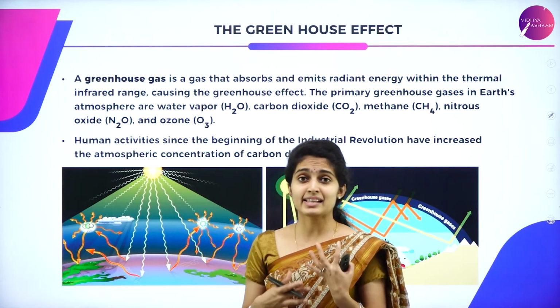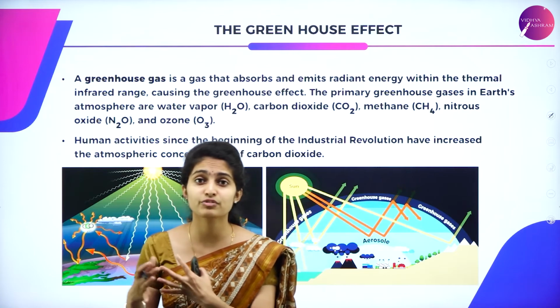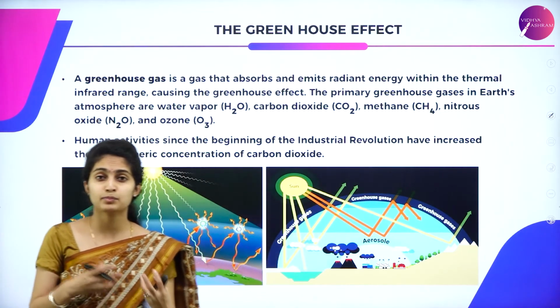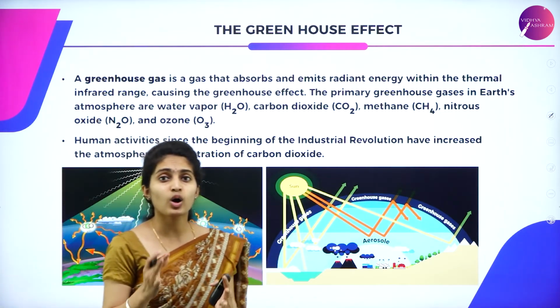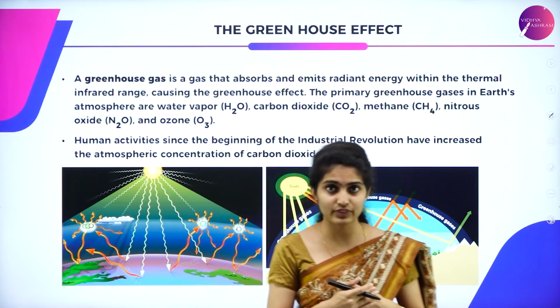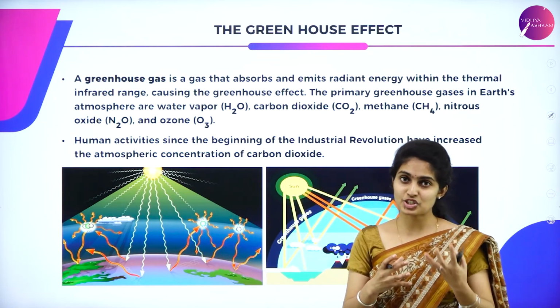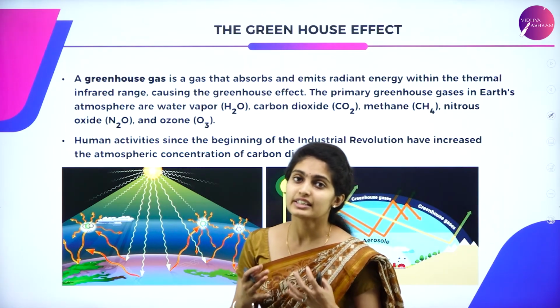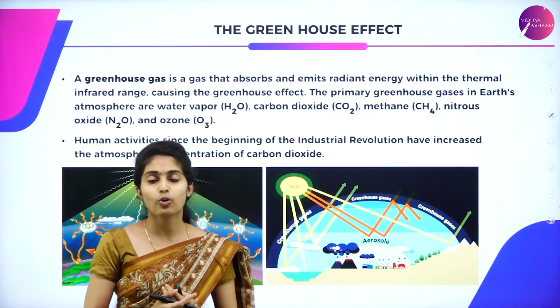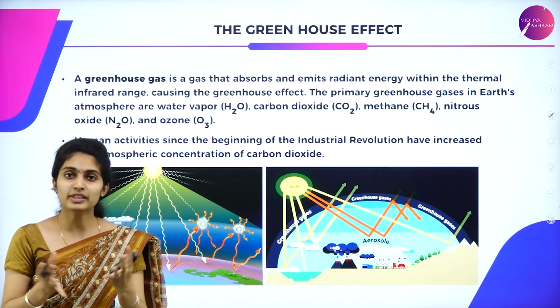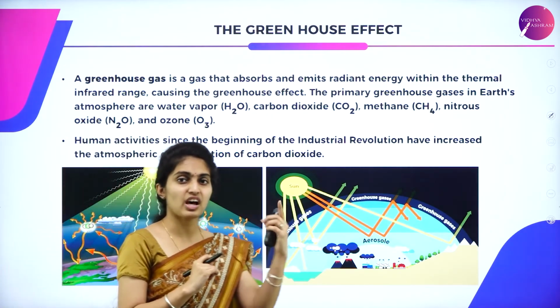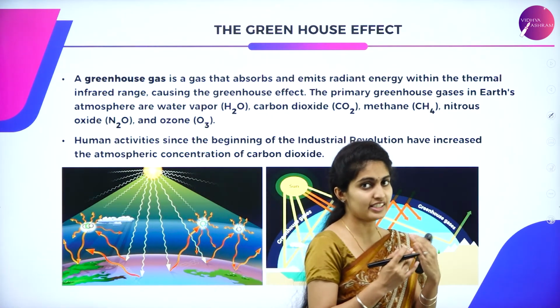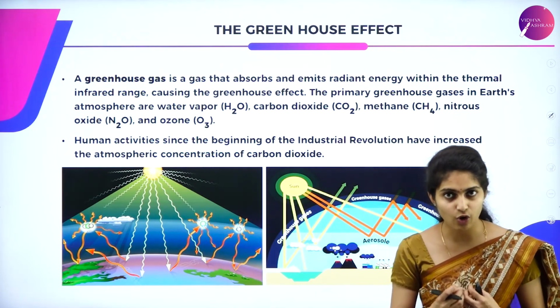So when there is re-emittance of the infrared radiation and absorption by greenhouse gases in the atmosphere, what happens? The temperature increases because there is no releasing of the radiations which are incident on the Earth.